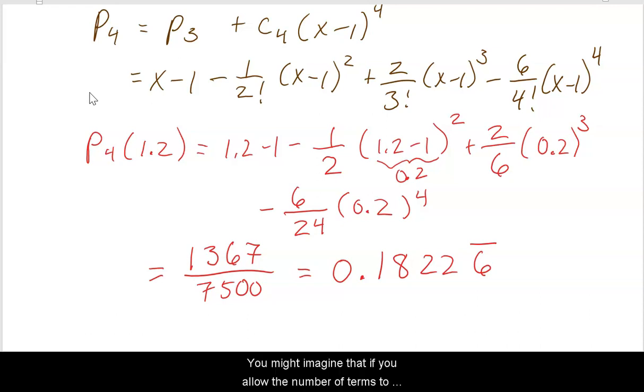You might imagine that if you allowed the number of terms to go to infinity, instead of stopping at a finite number, that you would in fact get a series instead of a polynomial. Or in other words, you'd have an infinite polynomial. In the next video covering section 6.3, we will do exactly that and take a look at Taylor and Maclaurin series. This ends this video.